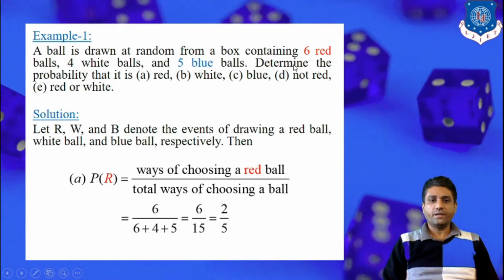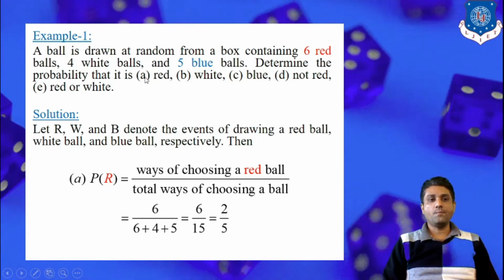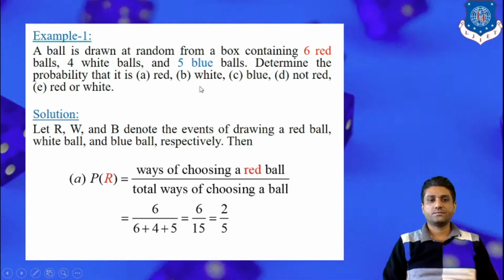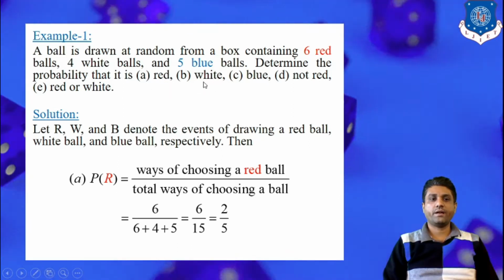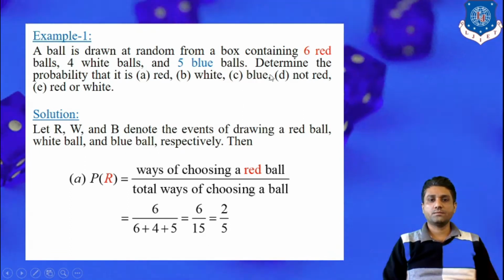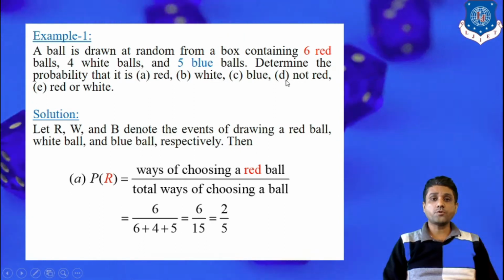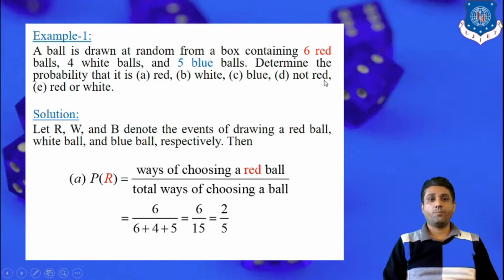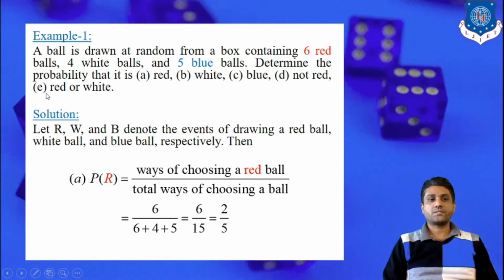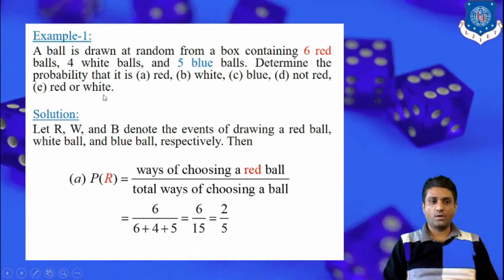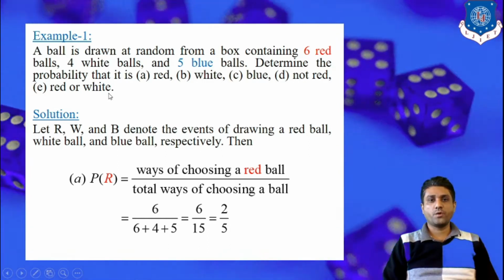We are interested to determine the probability of, first, getting a red ball, second, getting a white ball, third, getting a blue ball. Now the fourth possibility, not getting a red ball, and the last option, getting a red or white ball.